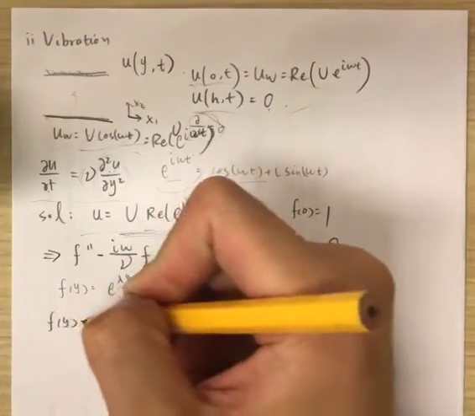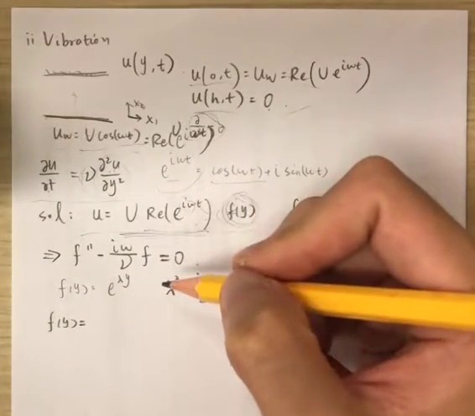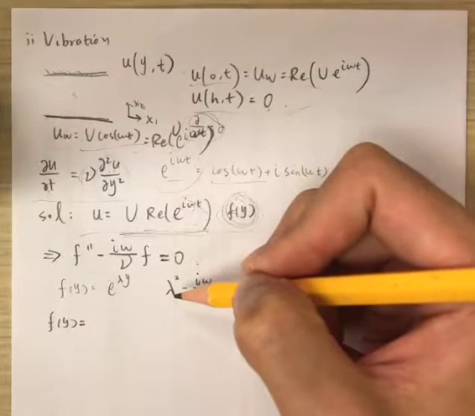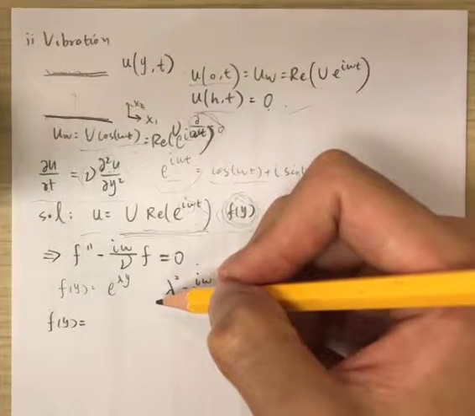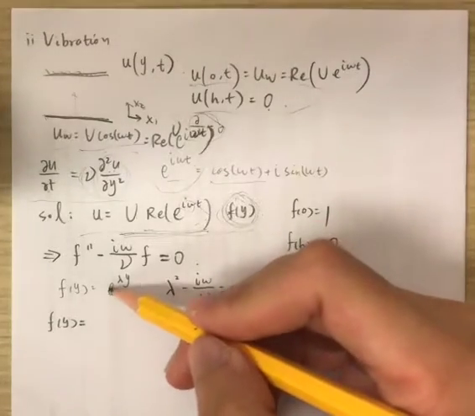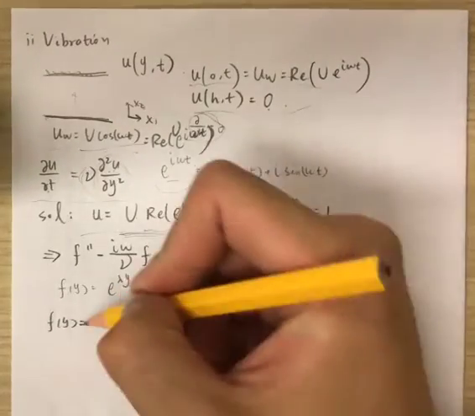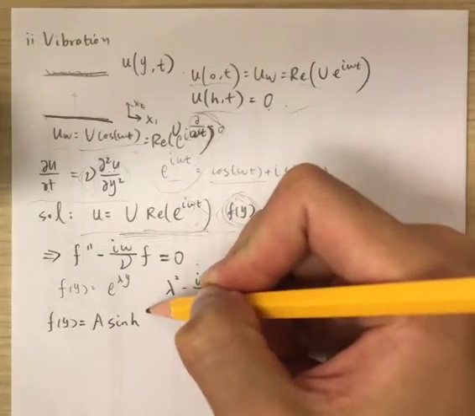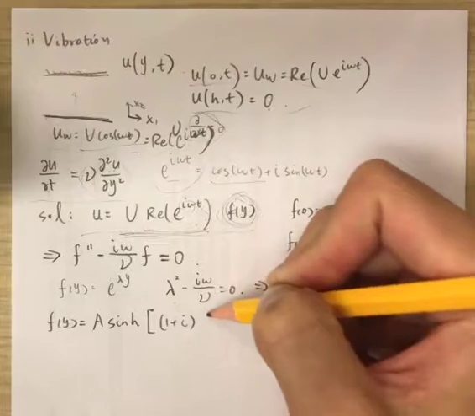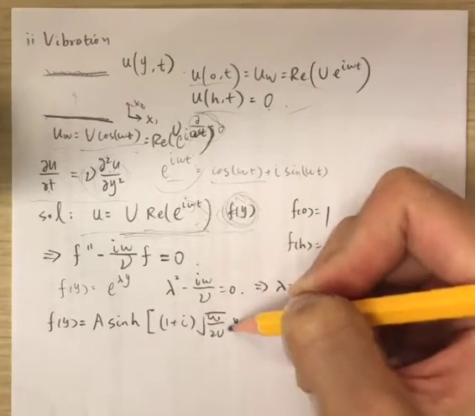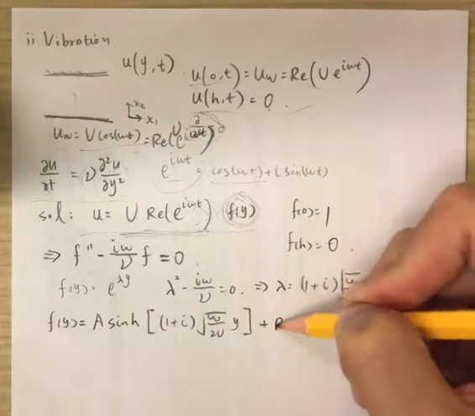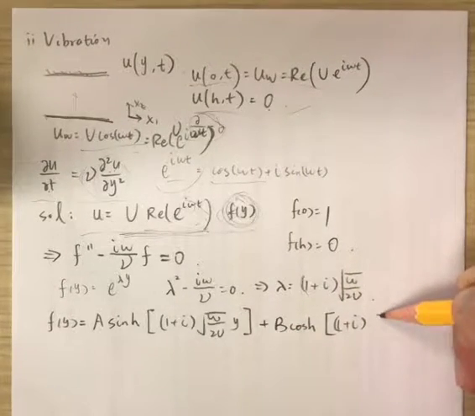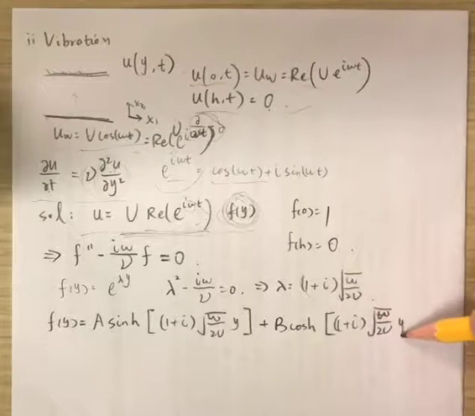If written in a more elegant way, we can write sinh and cosh, sine hyperbolic and cosine hyperbolic, instead of using the power of e. Okay, so we can get something like this: a times sinh of (1 plus i) times the square root of omega over 2 nu times y, plus b cosh of (1 plus i) times the square root of omega over 2 nu times y.